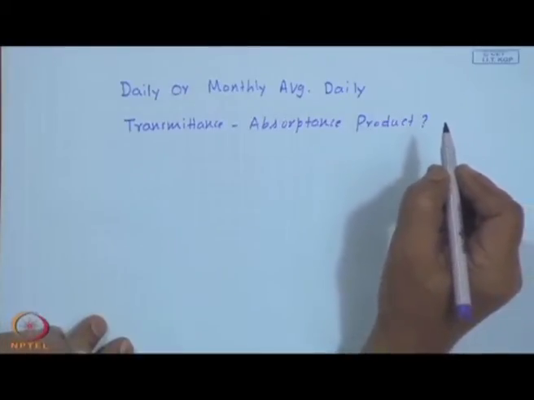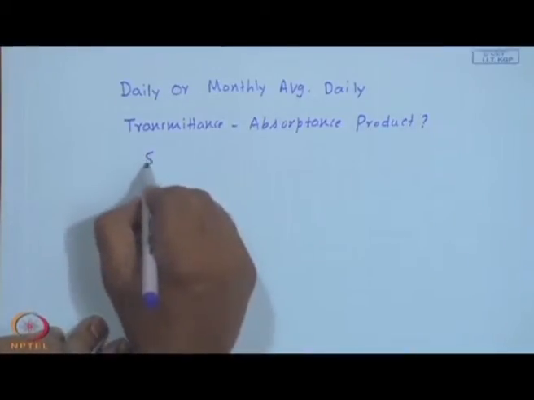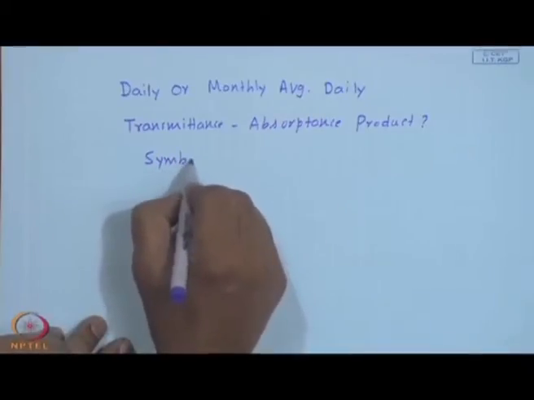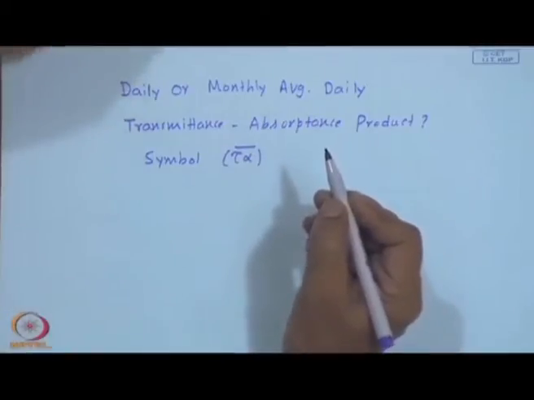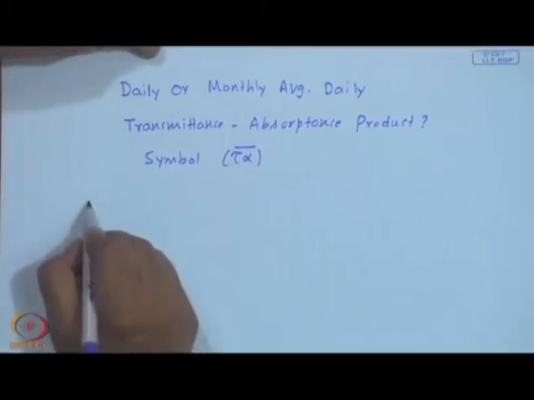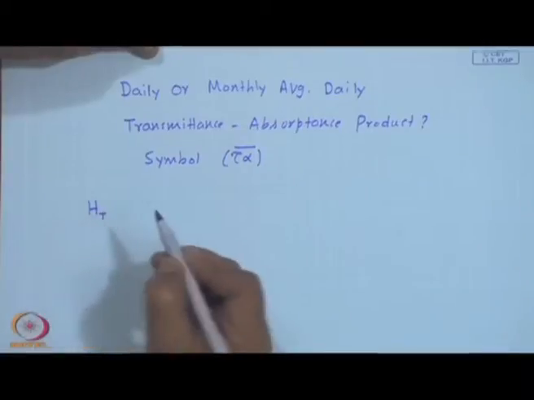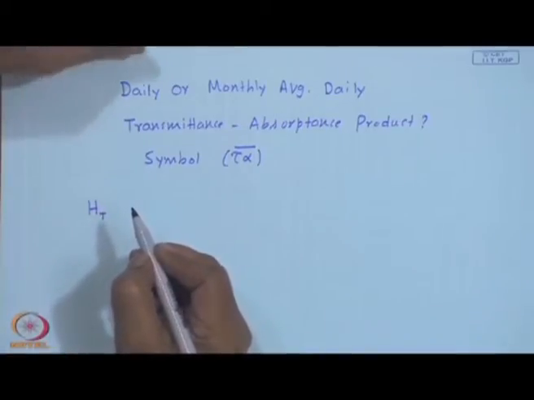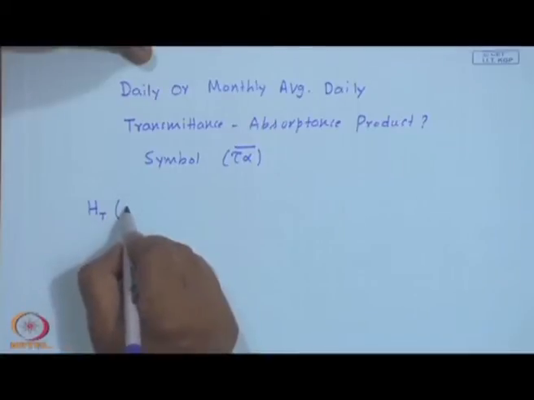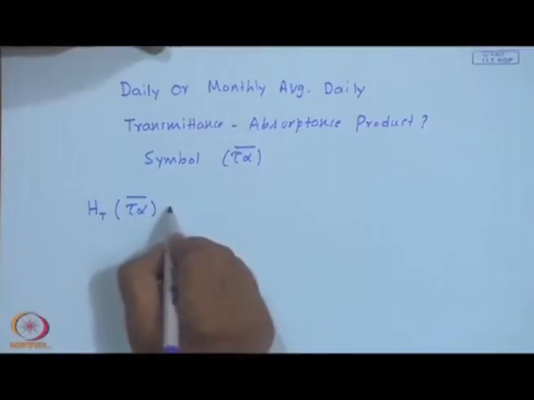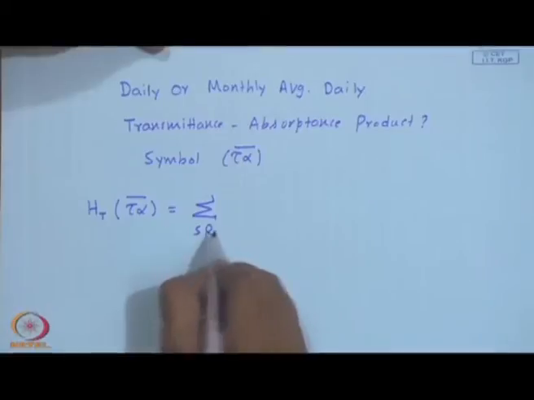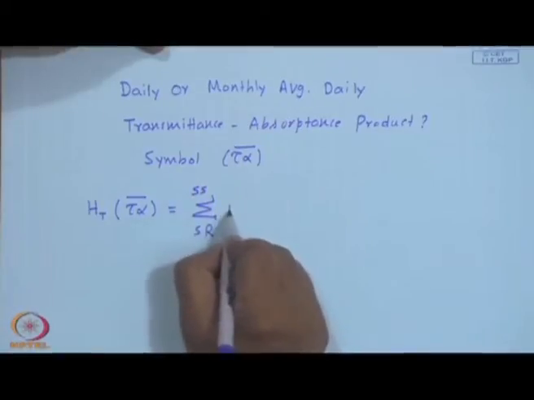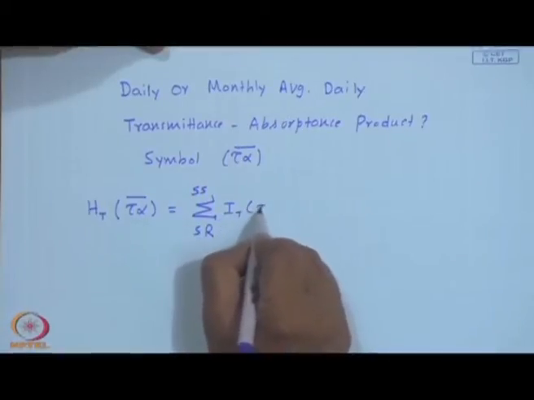So, if I give a symbol, like we had R B bar and R bar, if H T is the daily radiation falling on the collector surface, that multiplied by the effective transmittance absorptance product for the day, I should be able to get as a summation from sunrise to sunset of I T tau alpha.